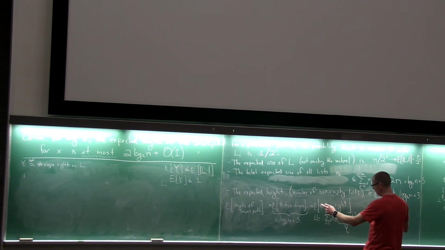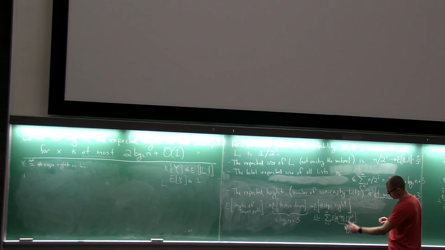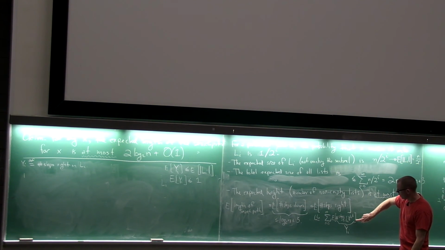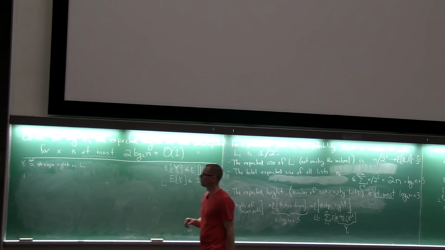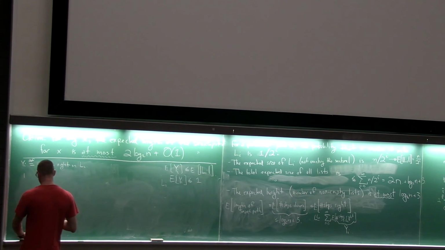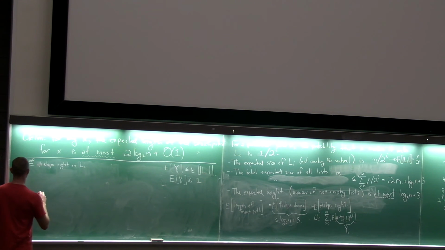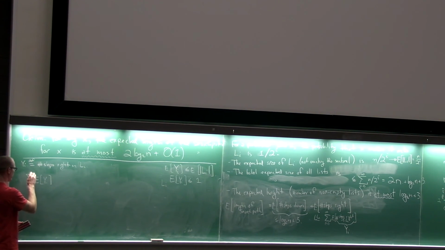We figured that out, plus the number of steps right. And then we started studying the number of steps right in each individual list. So now we're looking at the sum of the expected value of yi, i equals 0 up to infinity.